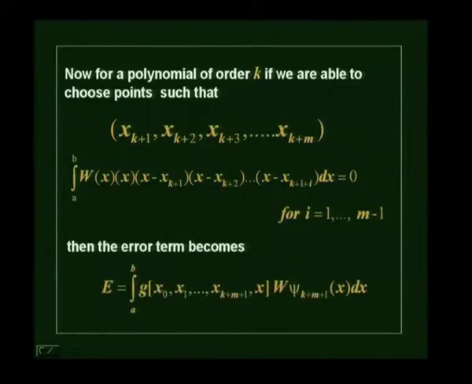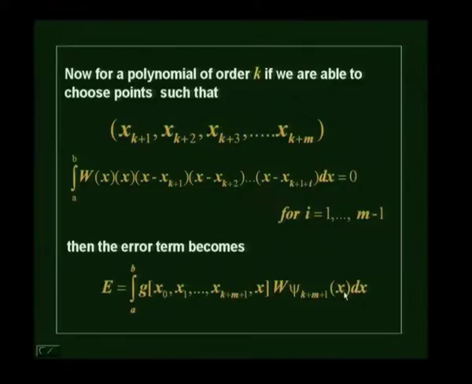So, now we will look at the method which gives us this. For a kth order polynomial, okay, so we have a polynomial of order k. Okay. So, suppose we are able to choose these points k plus 1, k plus 2, k plus 3 to k plus m such that this is equal to 0. That is our aim, right. Okay. Then the error will become the k plus m plus 1 term dx. That is what I was trying to tell you here.